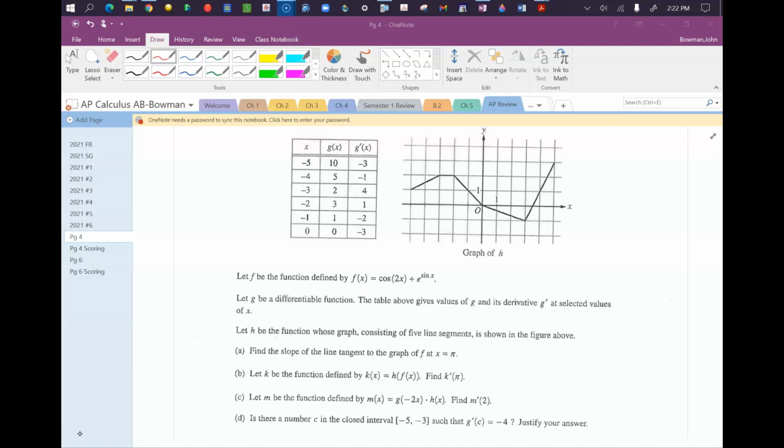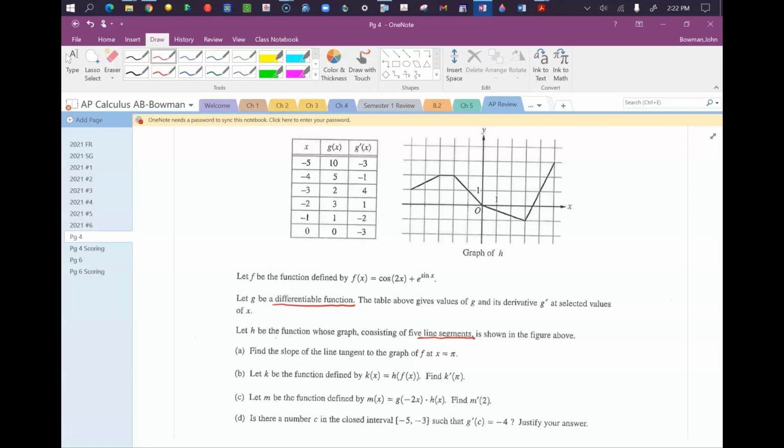And let h be the function whose graph, consisting of 5 line segments, is shown in the figure above. The fact that g is differentiable allows us to conclude that g is continuous, and the fact that h consists of line segments allows us to find the slopes of those line segments if we want to.